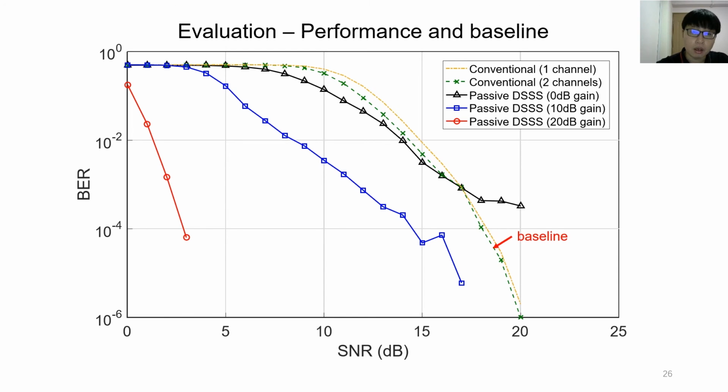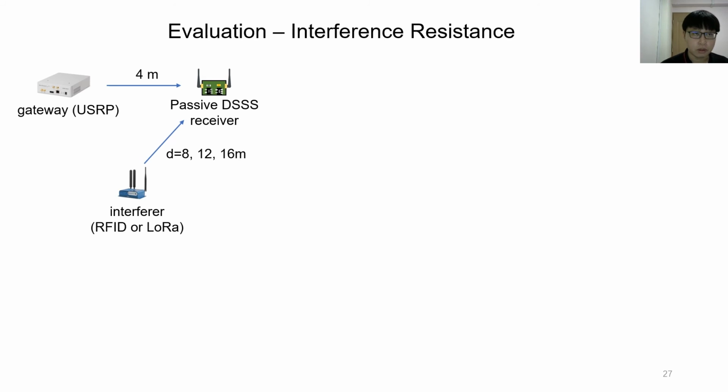In the next experiment, we choose the conventional receiver with two channels as a baseline, because this case has better performance of these three cases. And then we choose the passive digital base with 20 dB gain for the next evaluations. We then evaluate the interference resistance. In the experiment, we use real RFID and LoRa signals to interfere with the transmission of passive digital base at several distances.